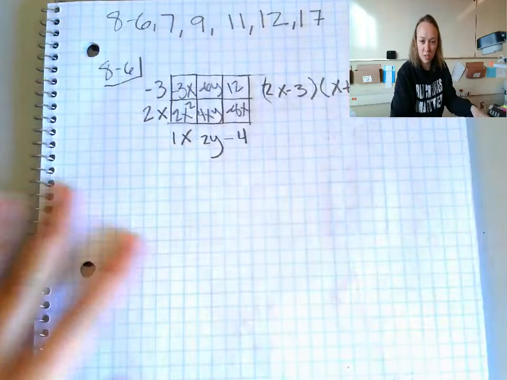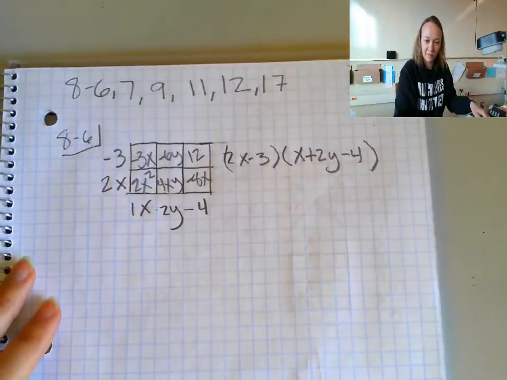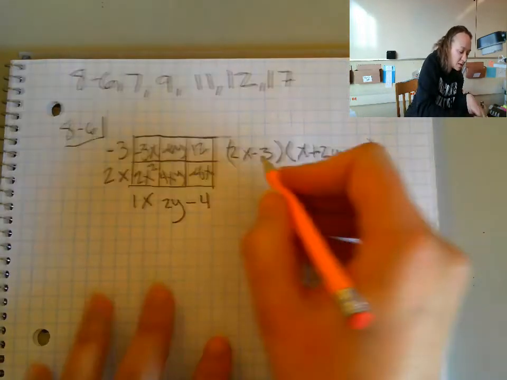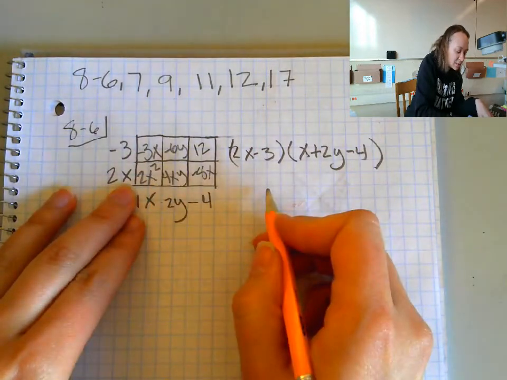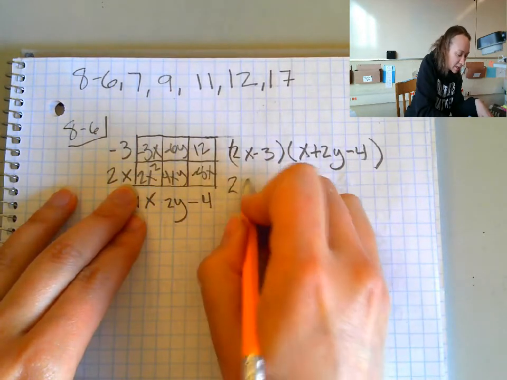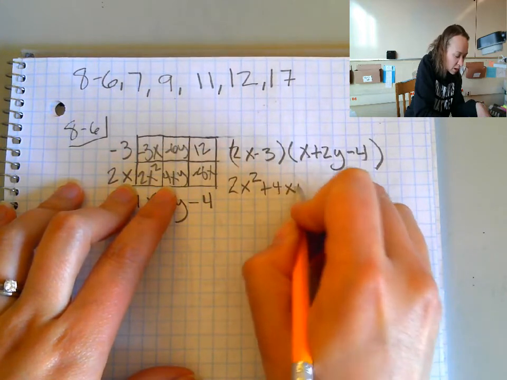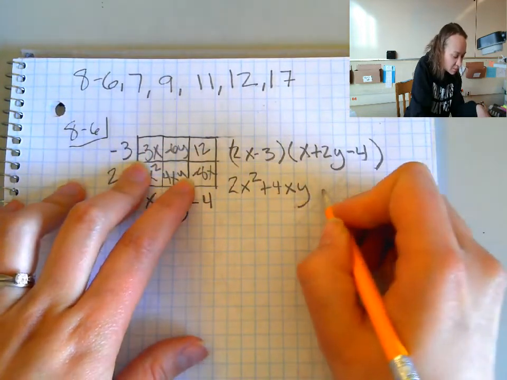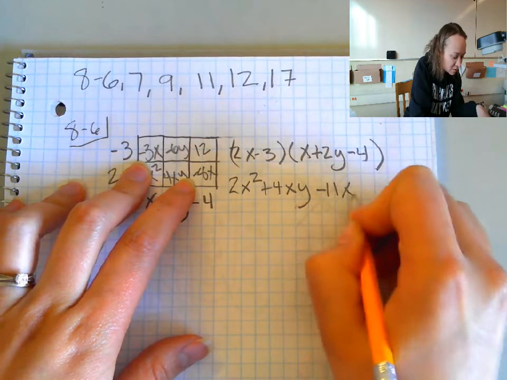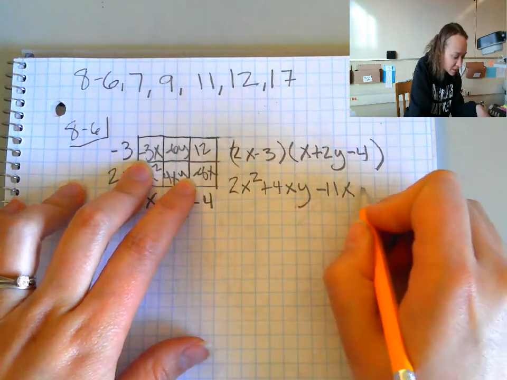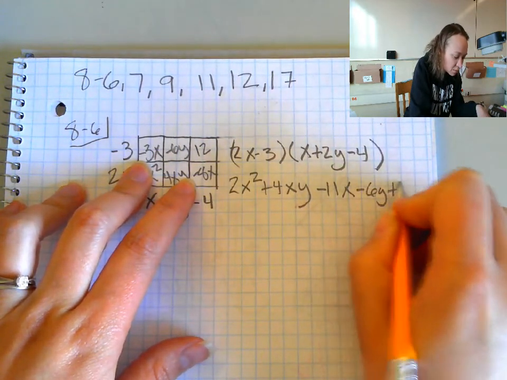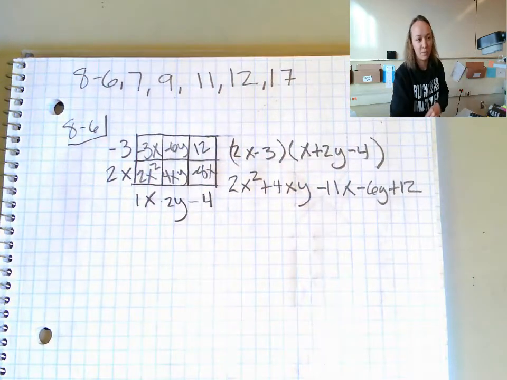Those are my dimensions. And then the inside terms, once I simplify them, would be 2x squared plus 4xy, and then minus 11x, because 3x and 8x is 11x, minus 6y plus 12.